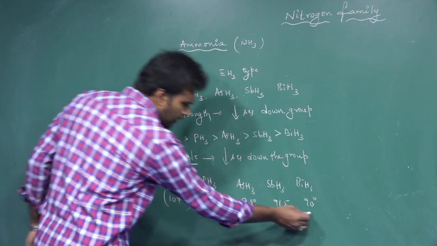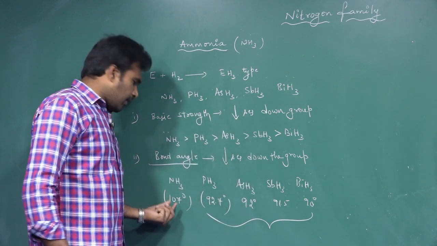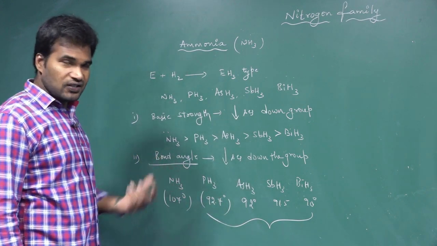So almost all of these have nearly 90 degrees bond angle, whereas ammonia has 107 degrees. What is the reason?